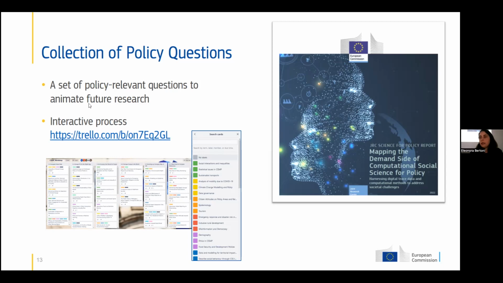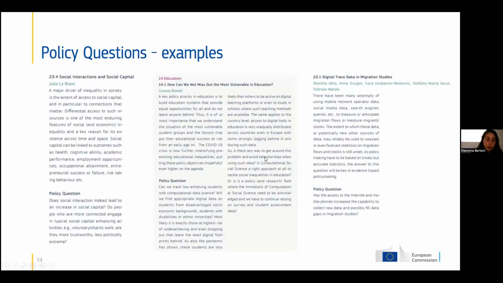And here I just wanted to show you a little bit of an example of the type of exercise we gave to the scientists. For each expert, for each field of reference, we asked them to introduce a bit the policy issue and also to provide some policy questions. Here you have three examples from the applied field that we present.